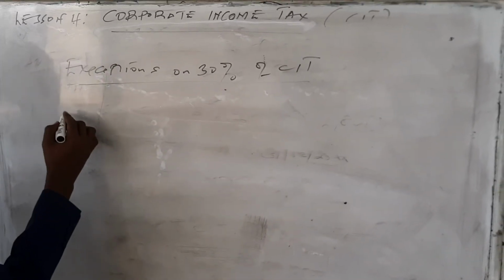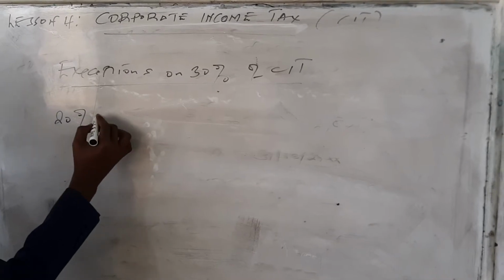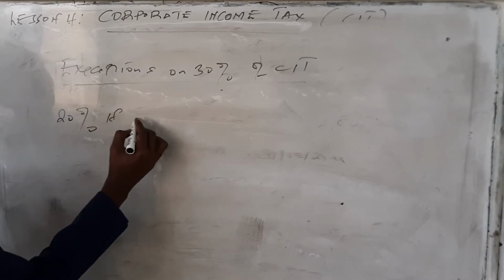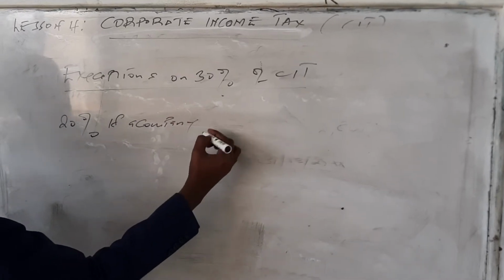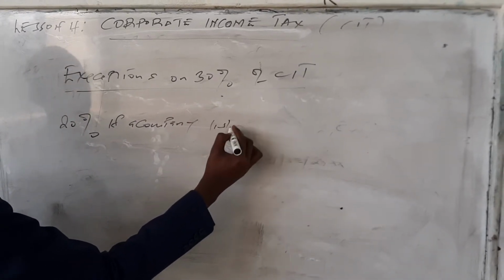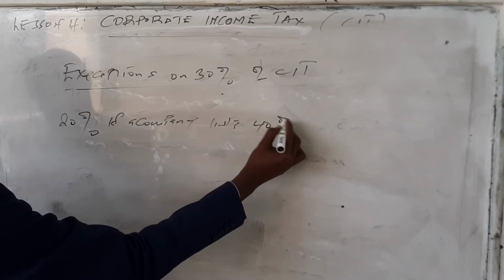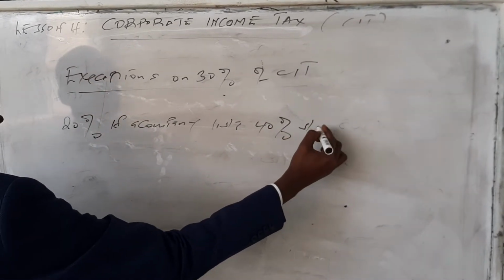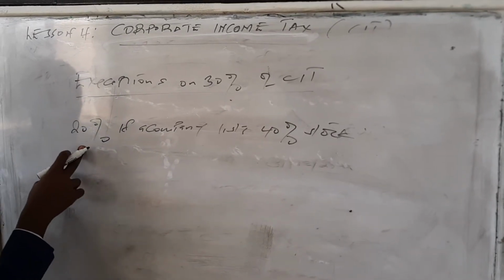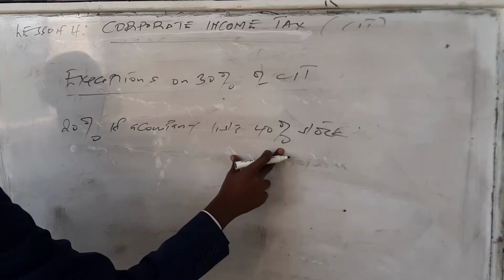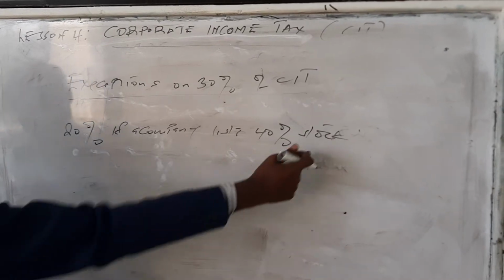For example, 20% if a company has listed 40% of the stock. So the CIT of 20% is paid by the company that has listed 40% of the shares.